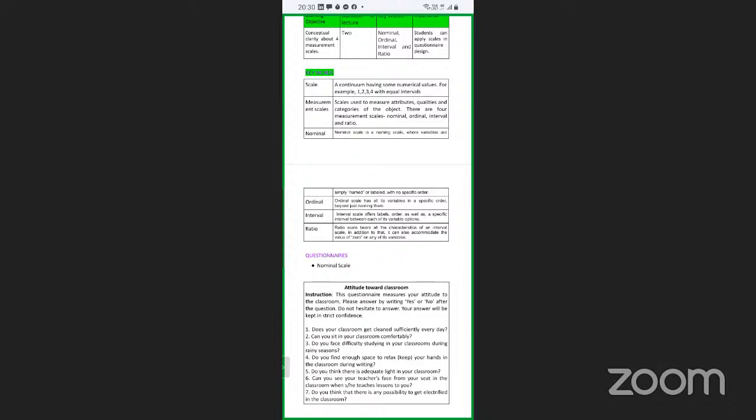Mean, mode, median. So we can pay attention to the median rank. So what is the position of the individual with respect to any particular variable? You can think about the median rank.